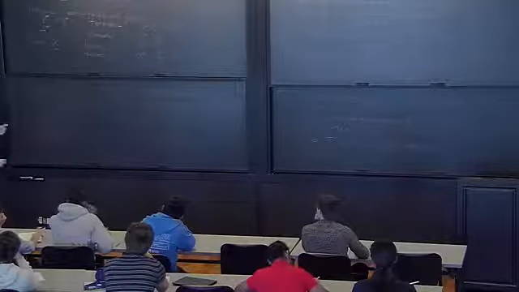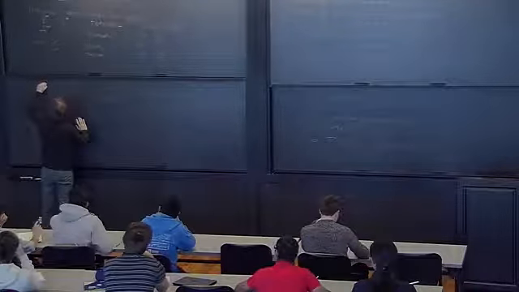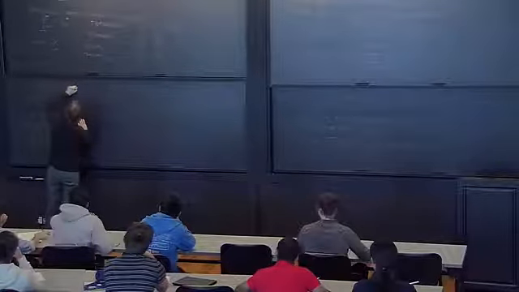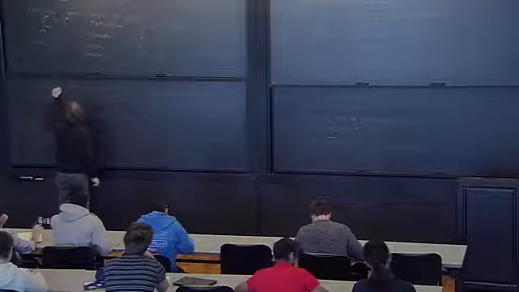So we have this nice feature that all of the fields arrange into several copies of the de Rham complex. So here's ghost number 0.